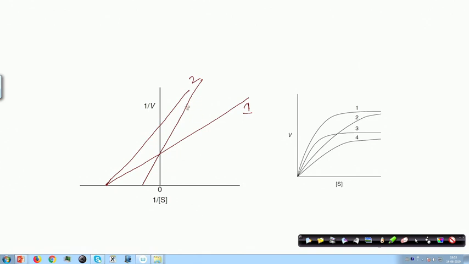So, this is 2, this is your 3, and the number 4 is something where both are changing. So, something like this, that is your number 4. Okay. So, I think that concludes this problem session on enzyme kinetics. Okay. Thank you.